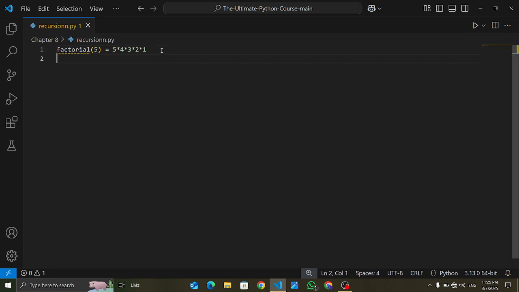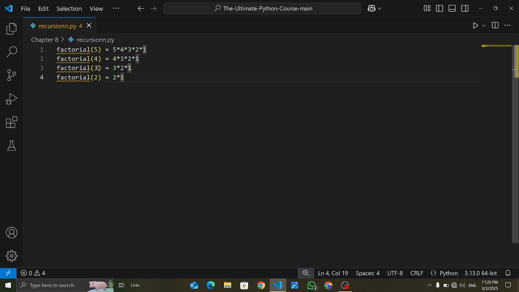In the same way, the factorial of 4 is nothing but 4 multiplied by 3 multiplied by 2 multiplied by 1. And the factorial of 3 is nothing but 3 multiplied by 2 multiplied by 1. And factorial of 2 is nothing but 2 multiplied by 1.